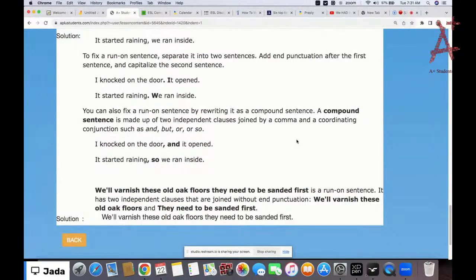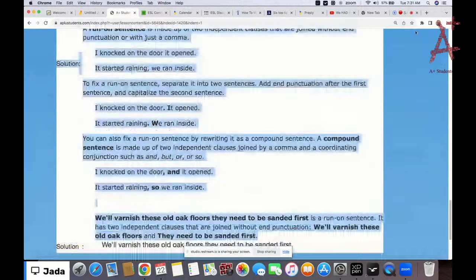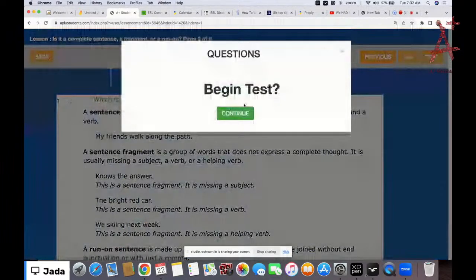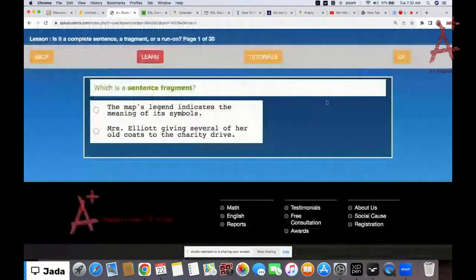and then fragments and also a complete sentence. So we'll have the test now that has all of them joined together, and you have to try to figure out which is which. So we have 30 questions and we'll try to do a few together.